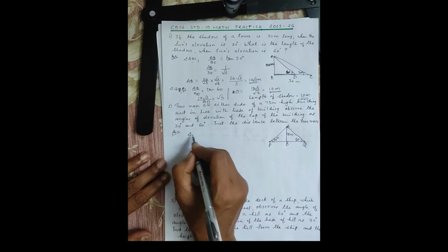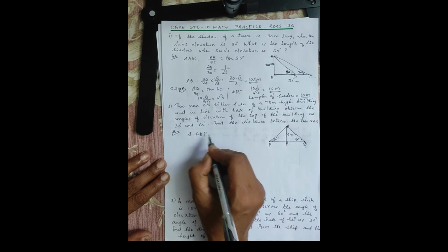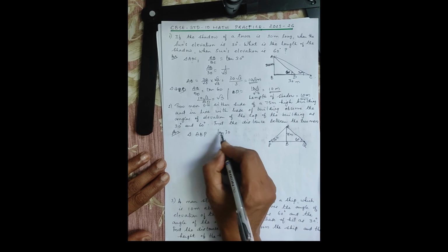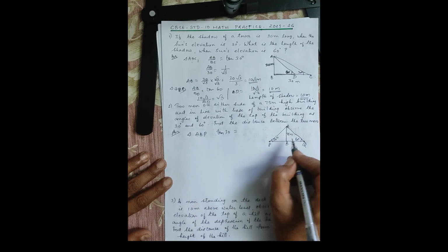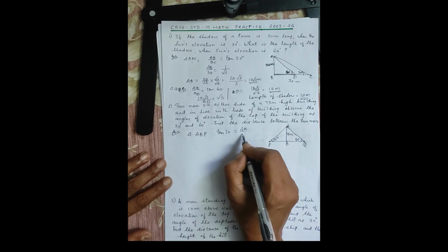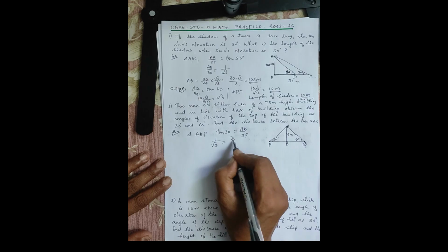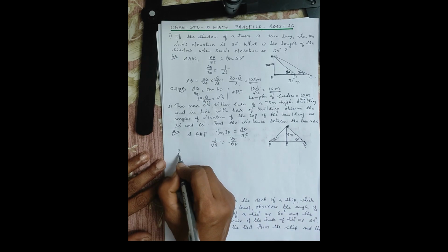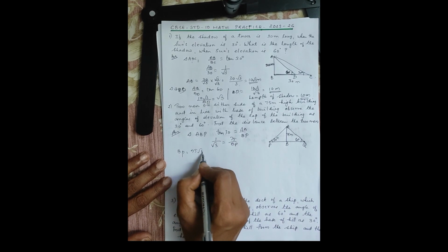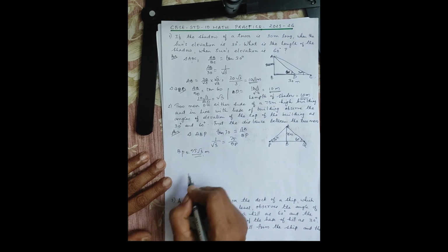So in triangle ABP, we can say tan 30 is equal to opposite by adjacent. So AB by BP, tan 30 is 1 by root 3, AB is 75, and BP we will get. So BP is equal to 75 root 3 meters.